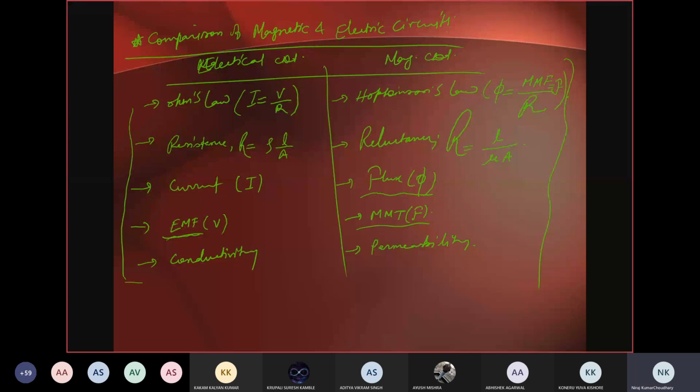I hope all of you understood the basic terms used in a magnetic circuit and how they are related to electrical quantities. From next class onwards, we will discuss the properties of a magnetic circuit and the different laws associated with it, and then how it is applicable in single phase transformers.